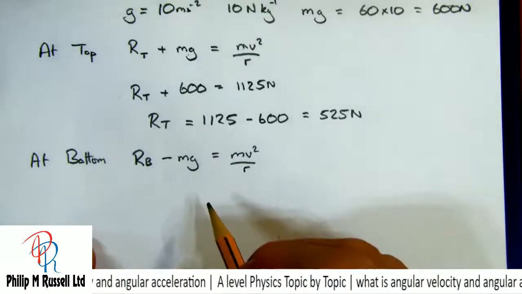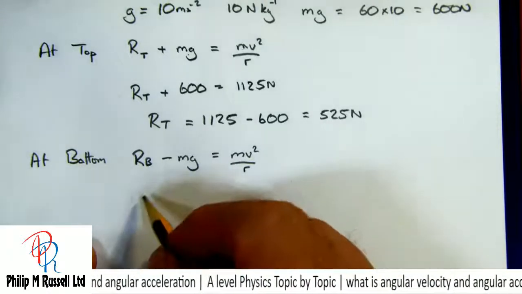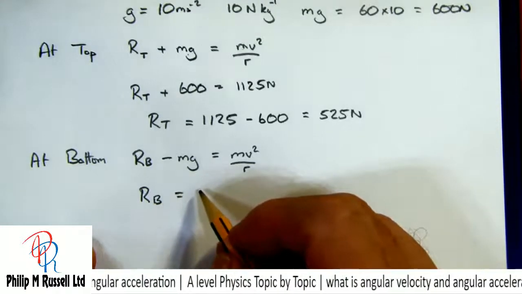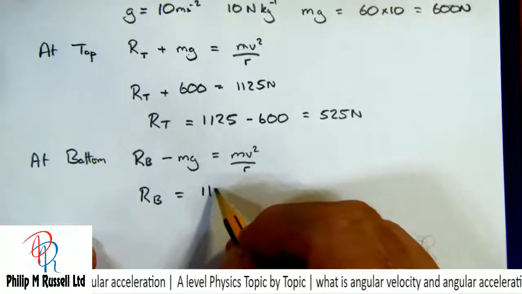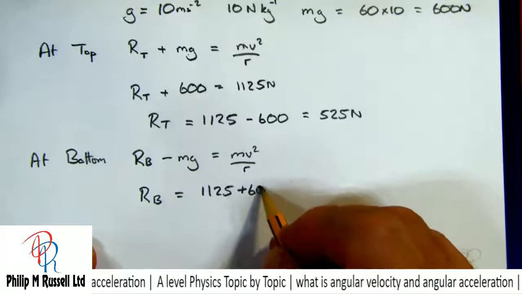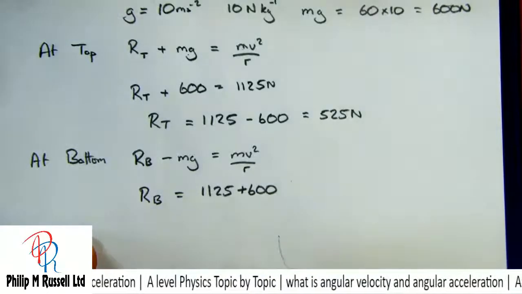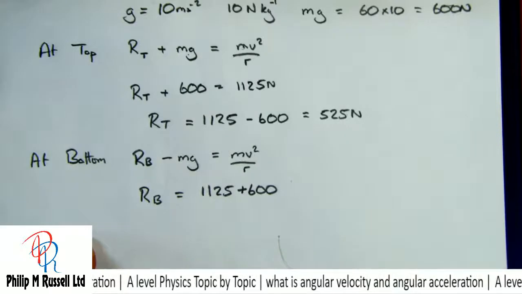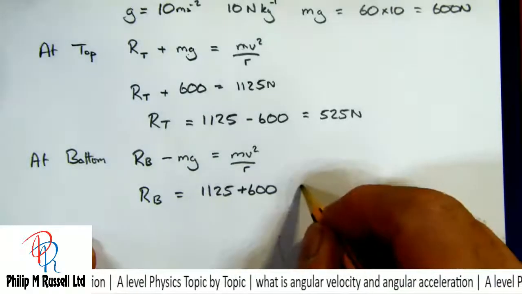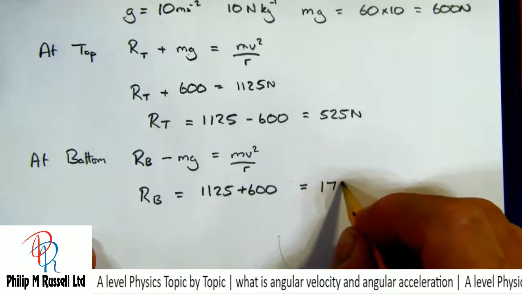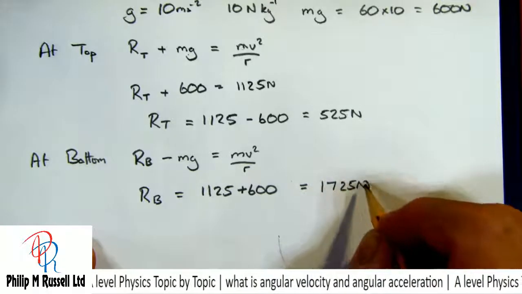So what I've got for that one is RB is going to equal my force 1125 this time plus my 600, and that's going to give me my 1725 newtons.